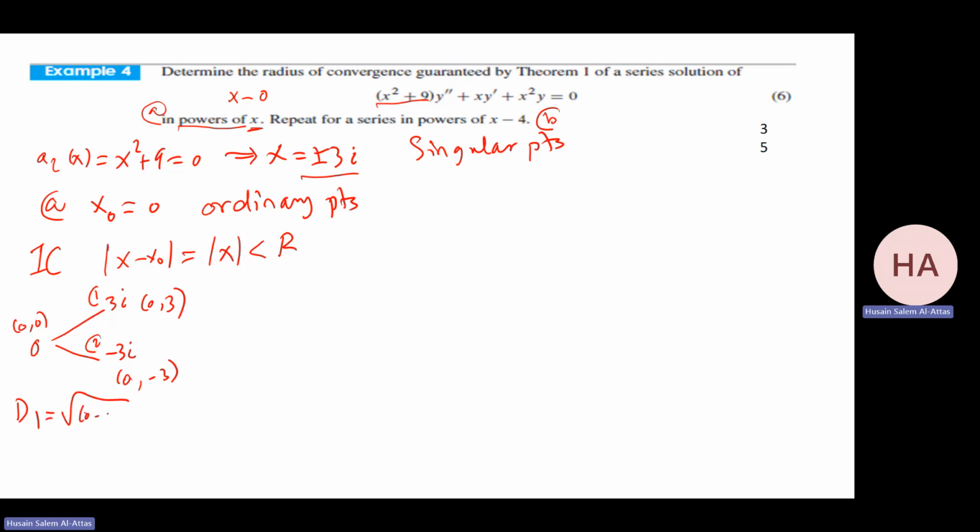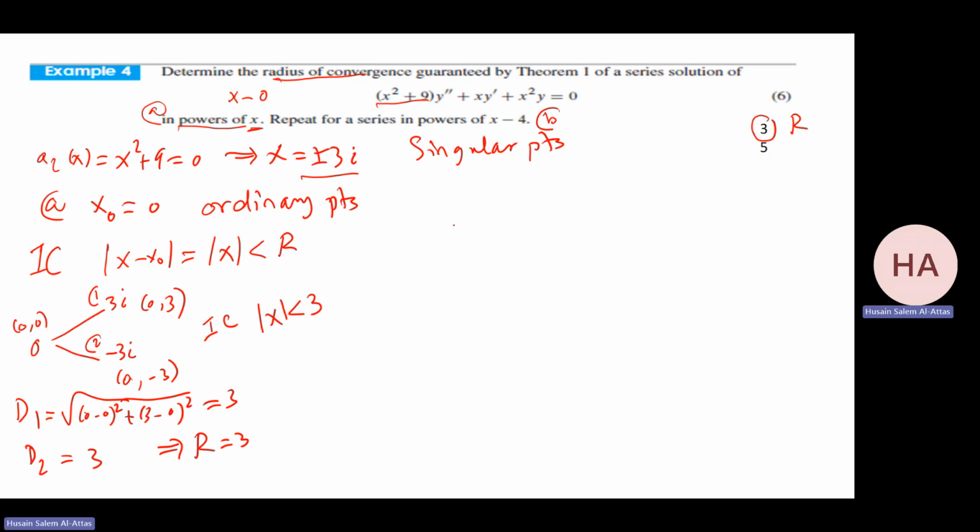That will be the square root of (0 minus 0) squared plus (3 minus 0) squared, which is 3. D2 is the same. So what is R? R is equal to 3. The interval is the absolute value of x less than 3. He wants the radius of convergence, so this is my R for the first one. He wants R actually, but we can also do the interval of convergence.